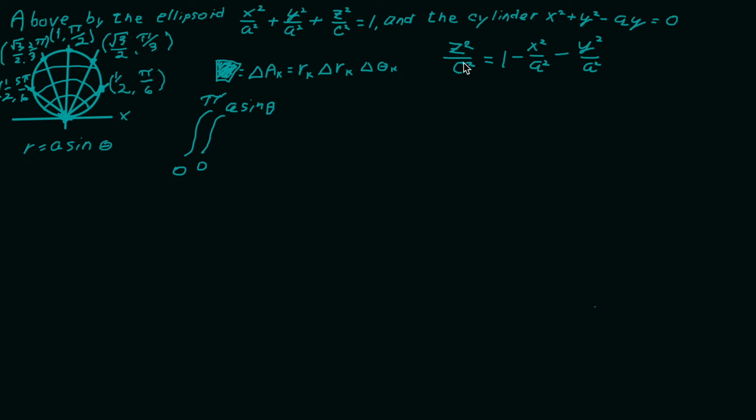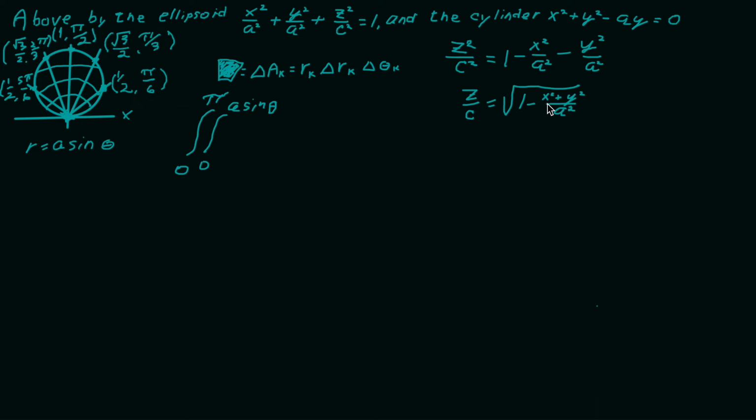And we'll take the square root of both sides. Since these have the same common denominator, we'll combine these two terms. We'll also factor out the minus sign, since it takes care of both of these terms. So this becomes x squared plus y squared over a squared.